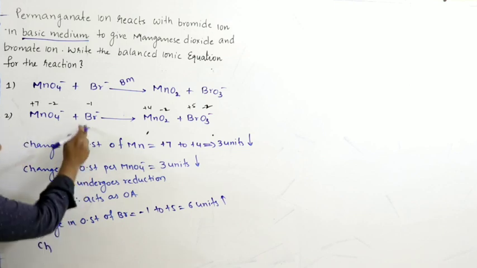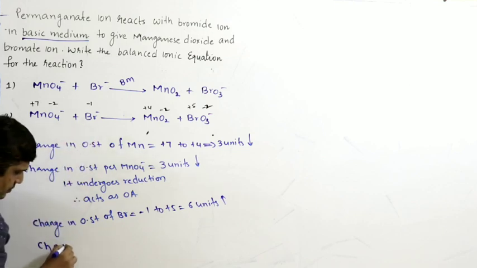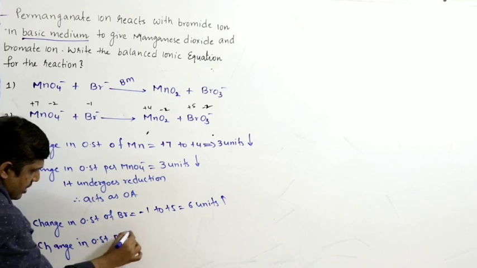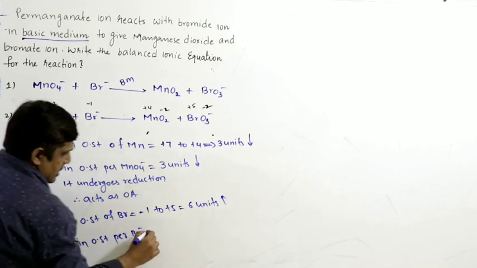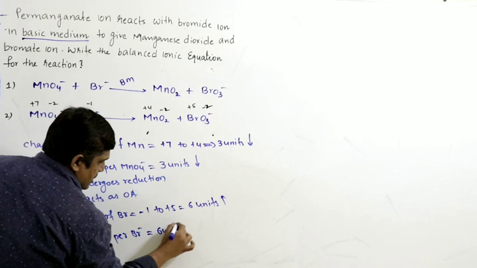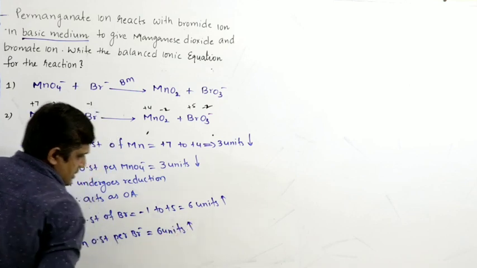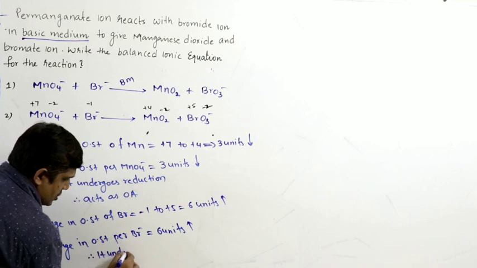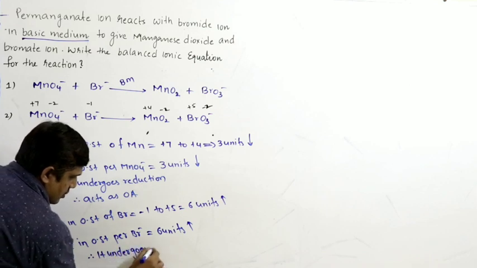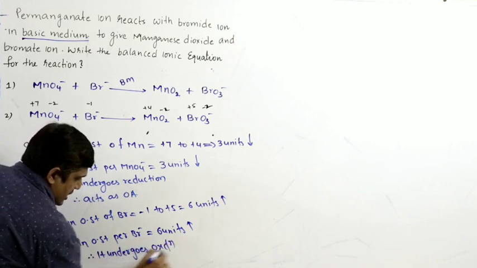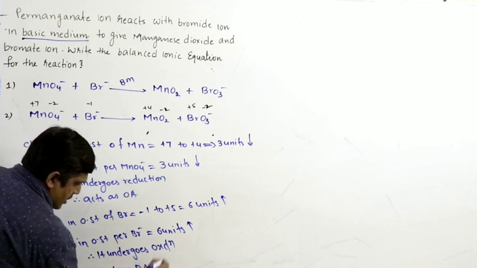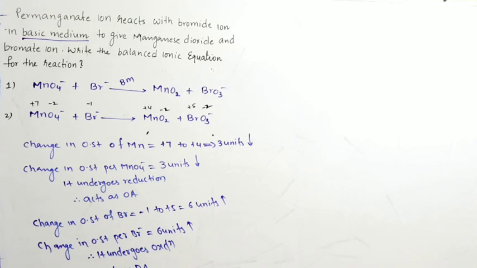So only one bromine, the change in oxidation state per bromide ion is the same, 6 units increase, therefore it undergoes oxidation and acts as a reducing agent.